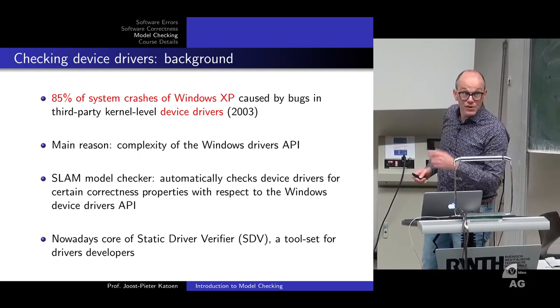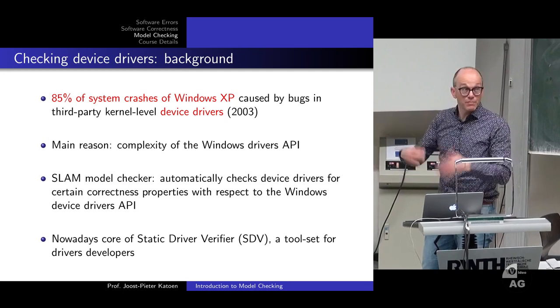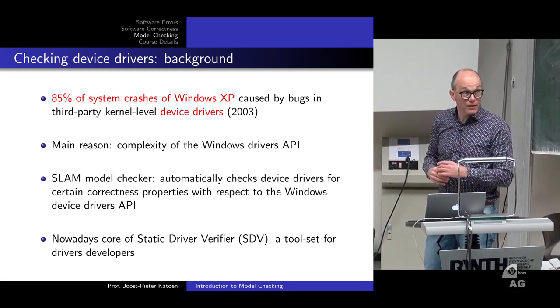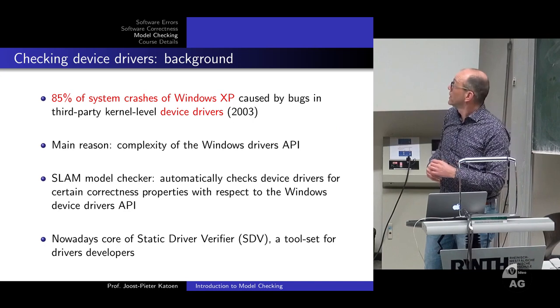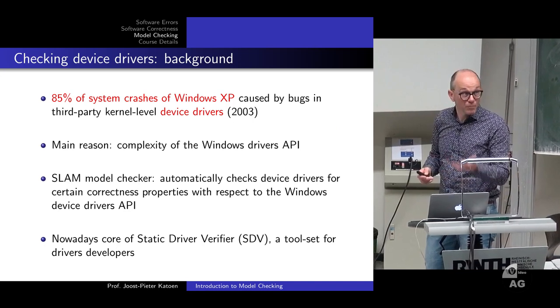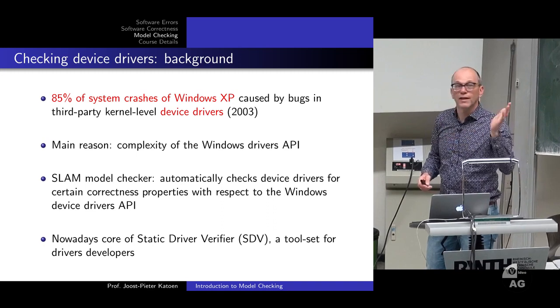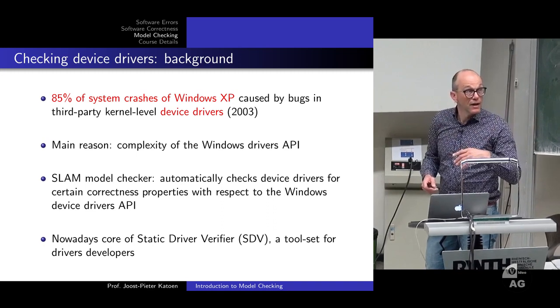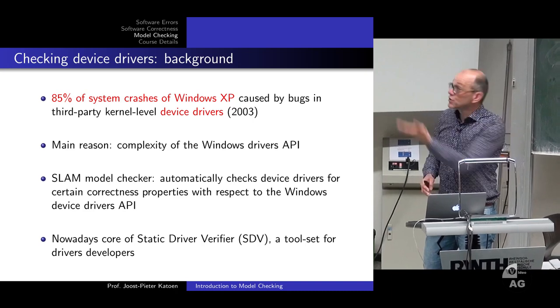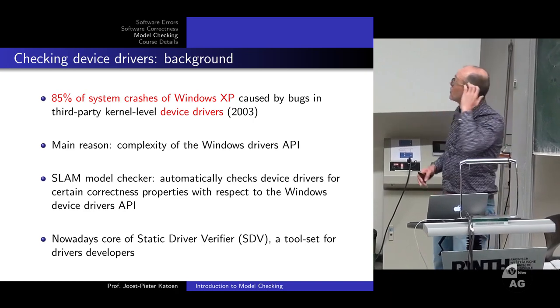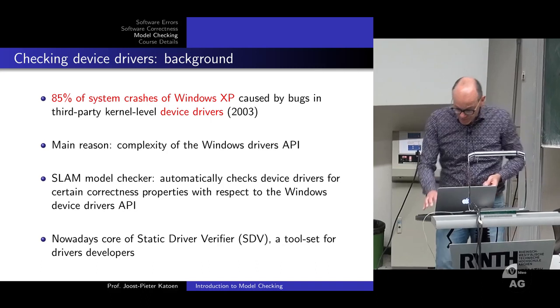And actually nowadays, this SLAM model checker has been made part of Windows by Microsoft. It has become a standard component, like you use a compiler, like you use a static analyzer in C like Clang. The people in Microsoft use SLAM as a standard verification tool for device drivers.